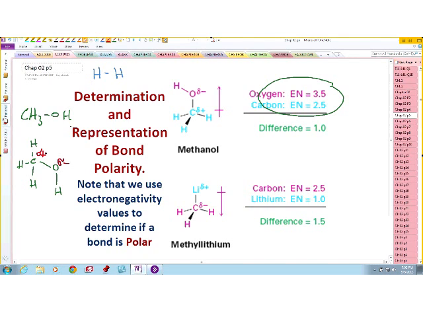And therefore we show the direction of polarity, the direction of pull of electrons, using this arrow here to indicate the direction. We use a cross arrow to show that the direction of pull is toward the oxygen, just as you can see here. In the methyl lithium case, the direction of the pull is towards carbon, because carbon is more electronegative than lithium.